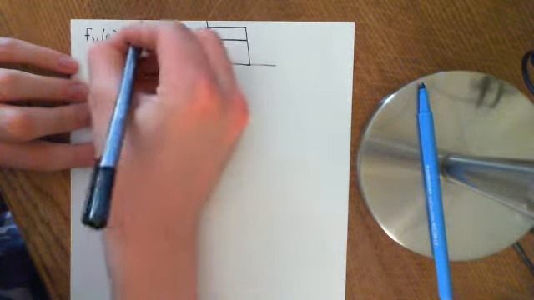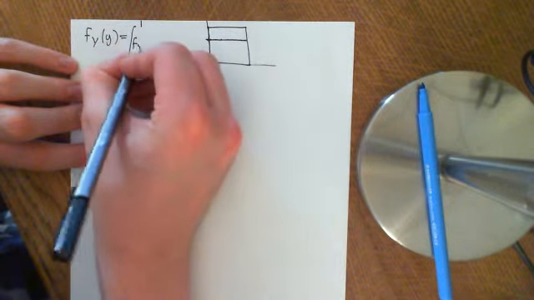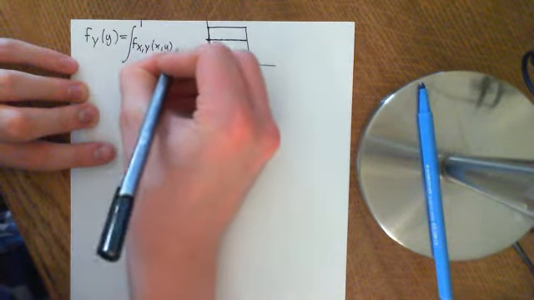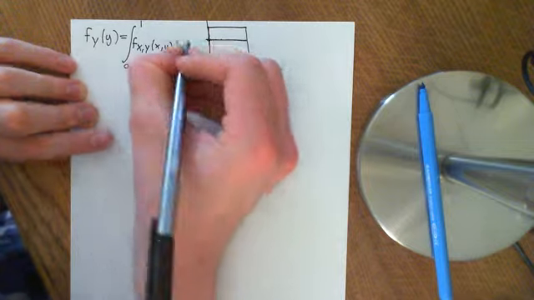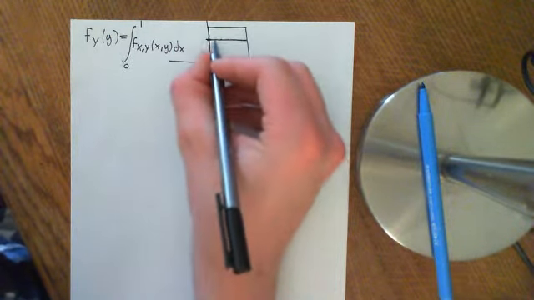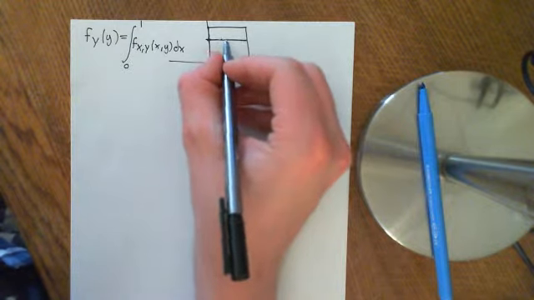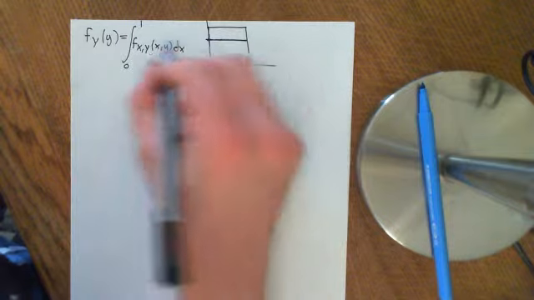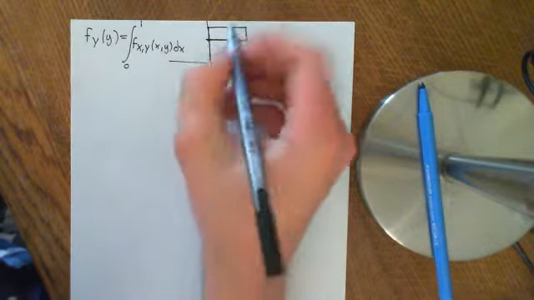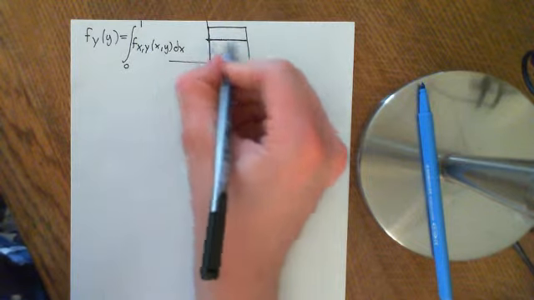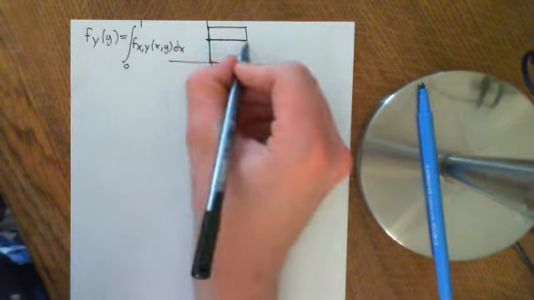So we integrate from 0 to 1 the joint PDF as a function of x and y, dx here, and basically we're summing up all these infinitesimal probabilities that you're at one of these specific points, and what you get is the probability that you are at a specific y value.